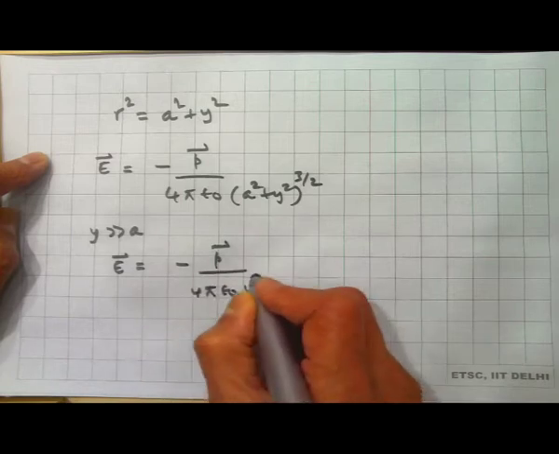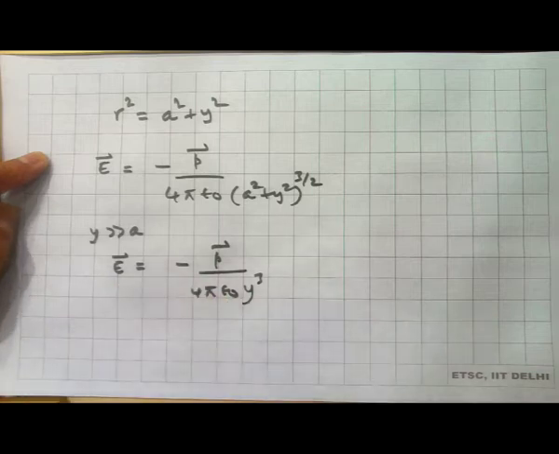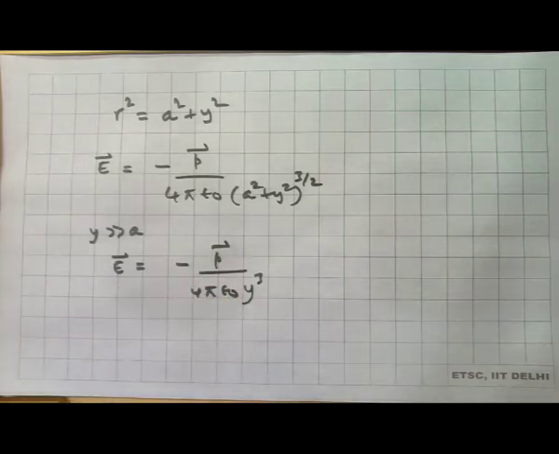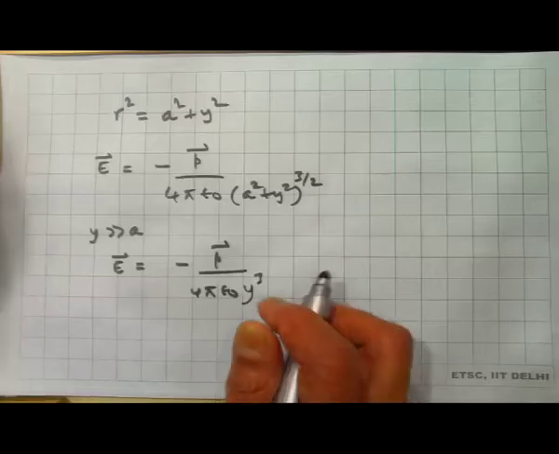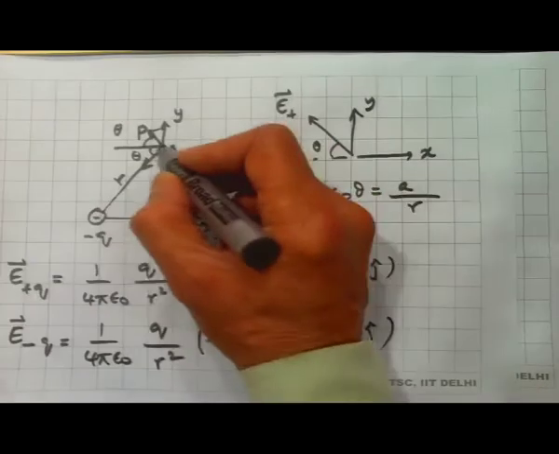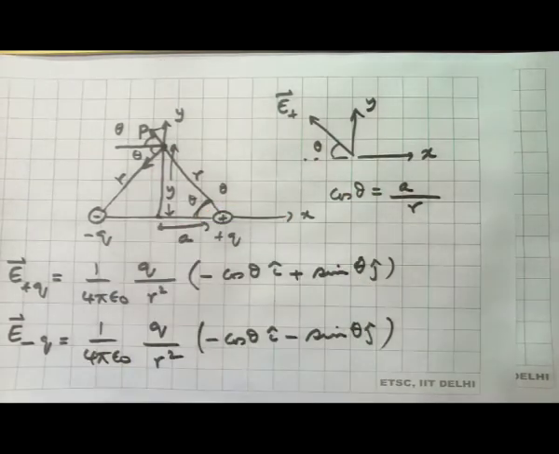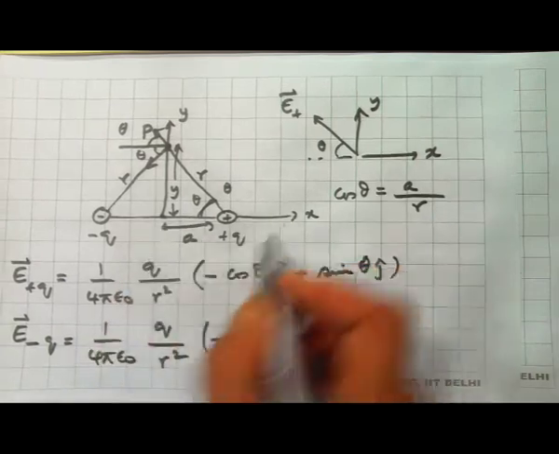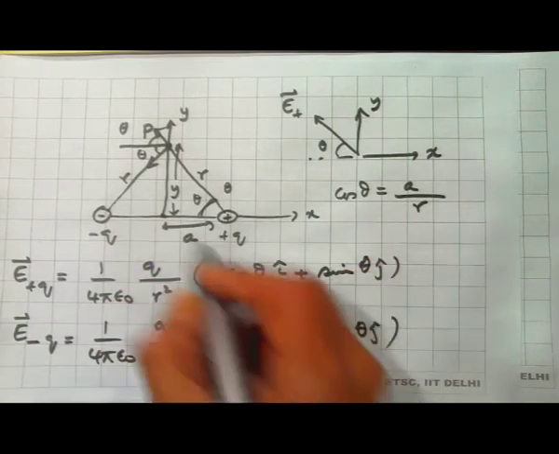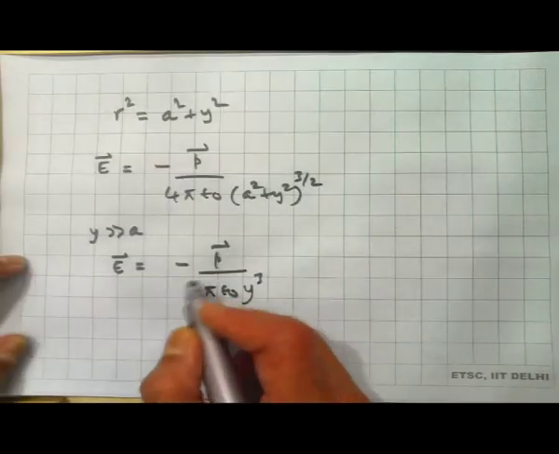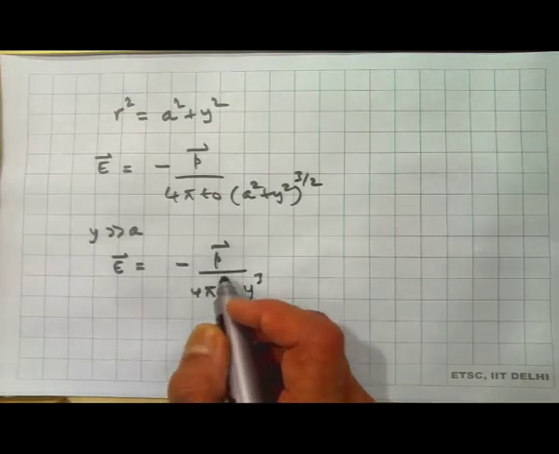into y cube. So, you see here again that the electric field produced by the dipole on the equatorial plane is also varying as 1 by y cube, where y is the distance of this point from the center of the dipole, just like for the x dependence where it was 1 by x cube, here it is 1 by y cube, and the direction of the electric field is along the minus p direction.